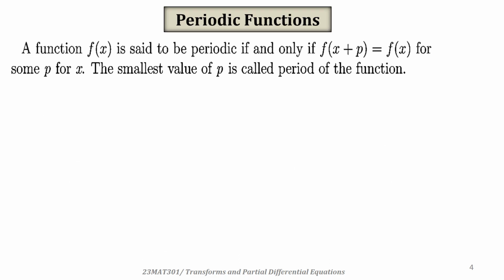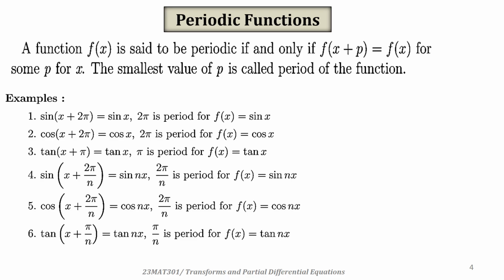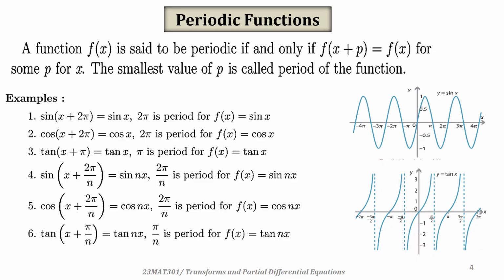And what is a periodic function? A function f of x is said to be periodic if, taking a period value, let p be the smallest period, and if I add that to x, the value equals f of x, then it is known as a periodic function. For example, you can take any wave. Here you have a graph.